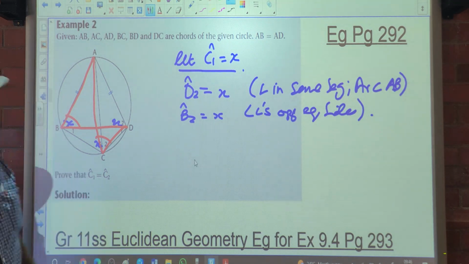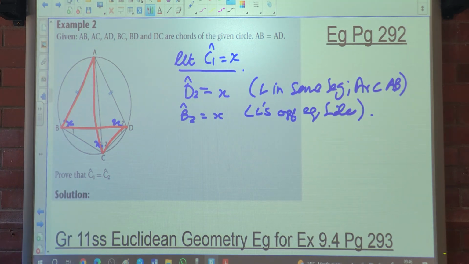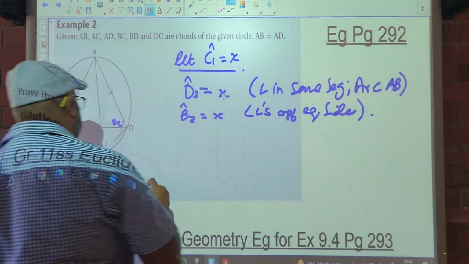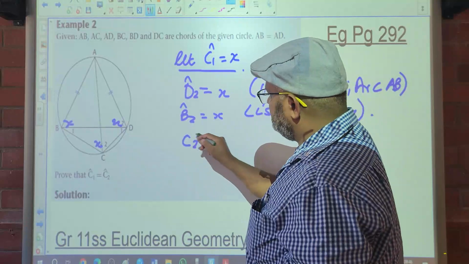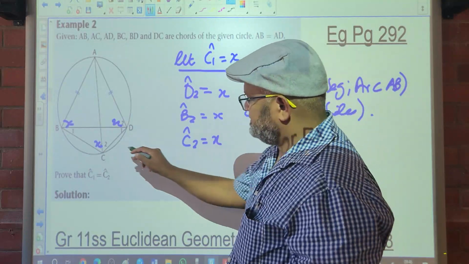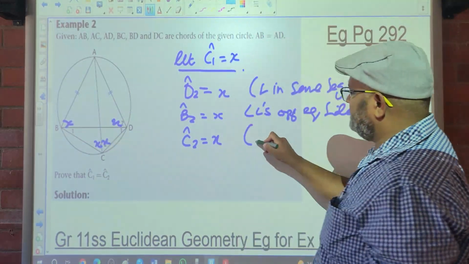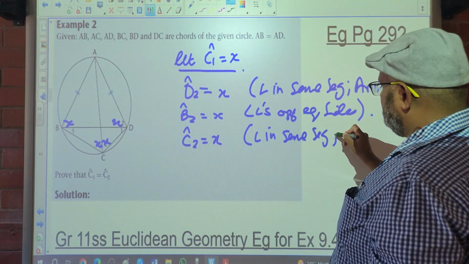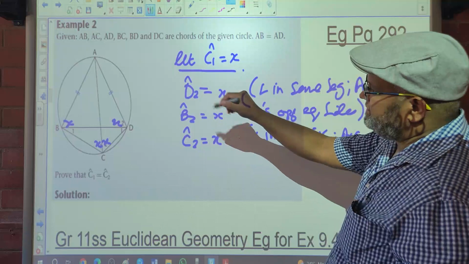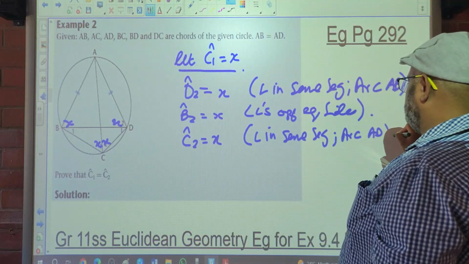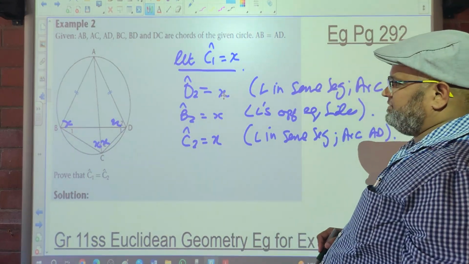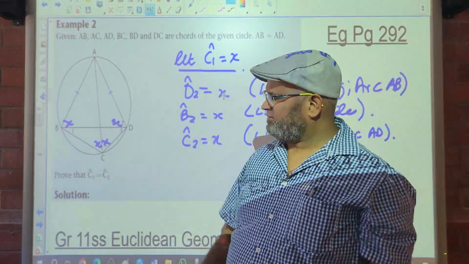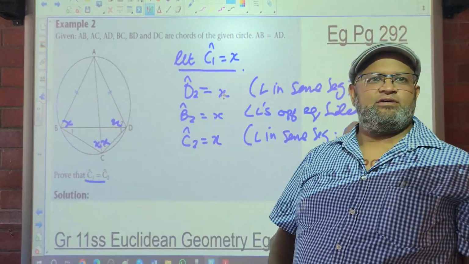Okay? What do we say? Angle C2 is equal to x. Why? Angles in same segment. It's coming from arc AD. But what do you notice now?